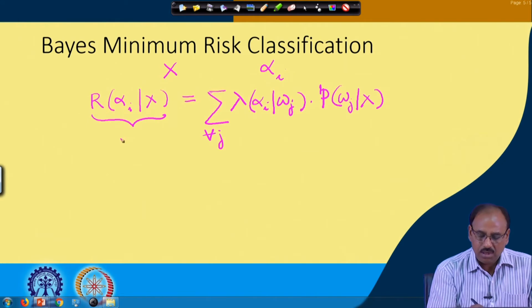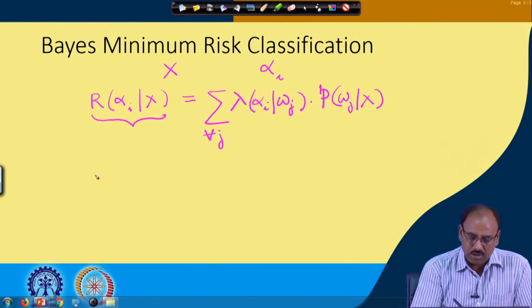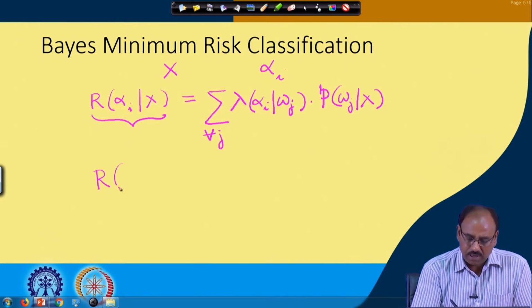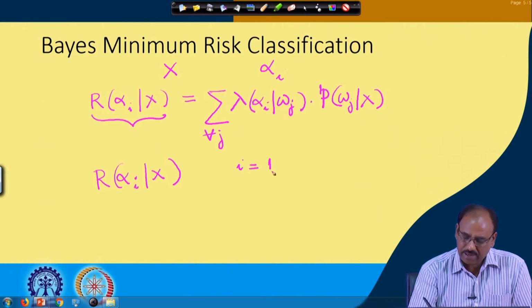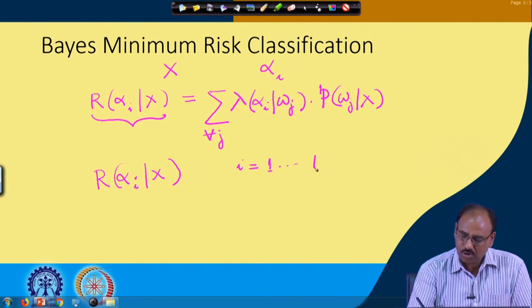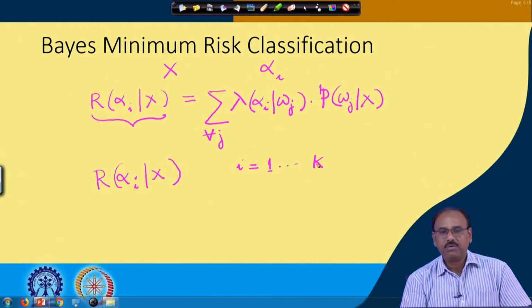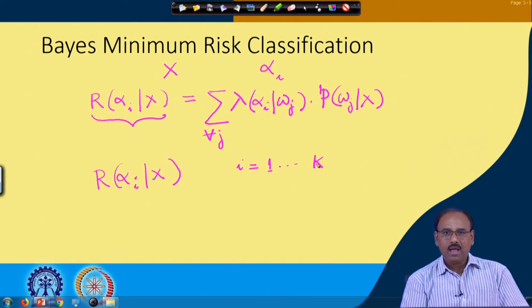right. So, I have to compute this R of alpha i given x for all i. We said that we have k number of actions. So, for all i varying from 1 to k, and out of all these, for whichever R of alpha i given x is minimum, I have to take that corresponding action.